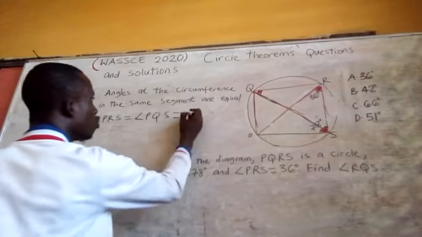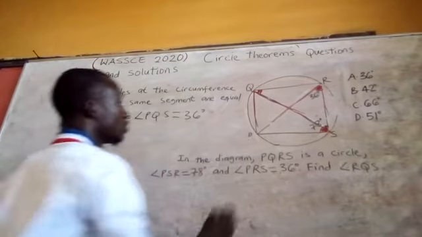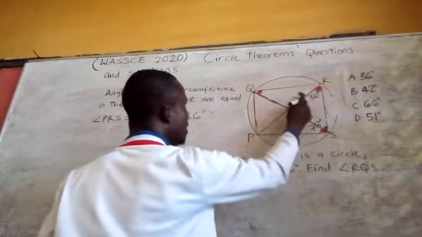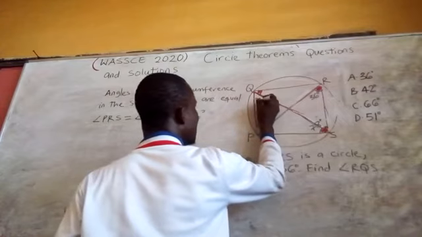So all will be equal to 36 degrees. So same here is 36, here will also be 36 degrees.